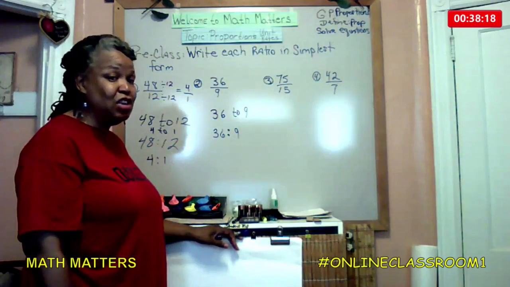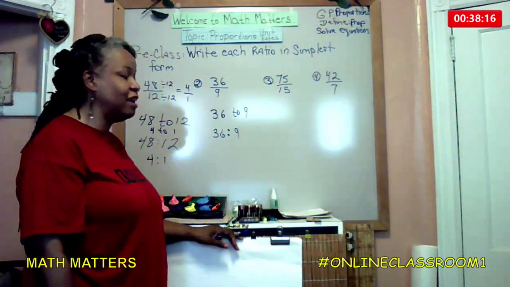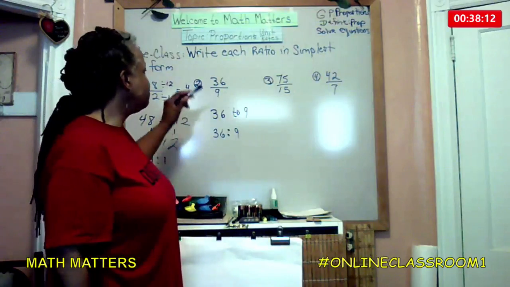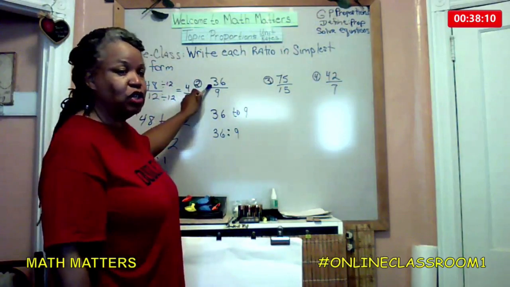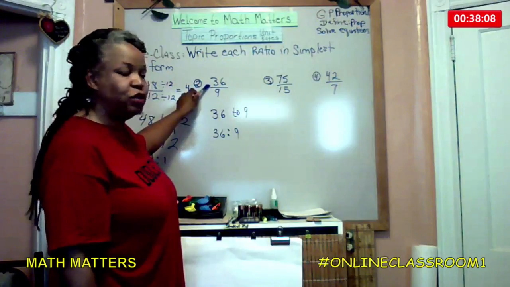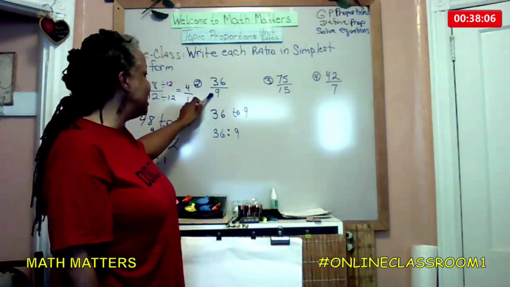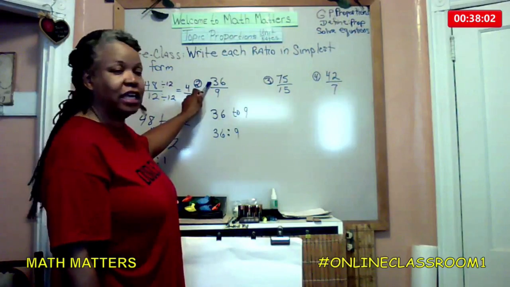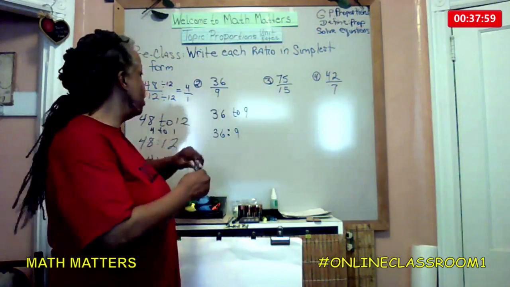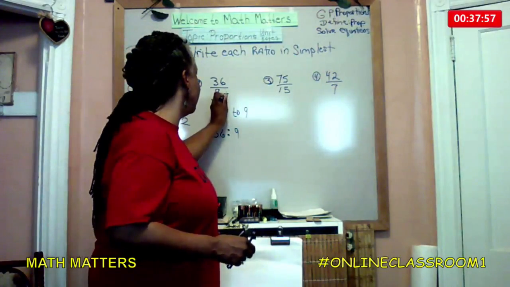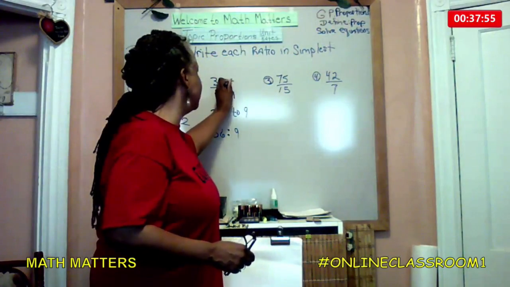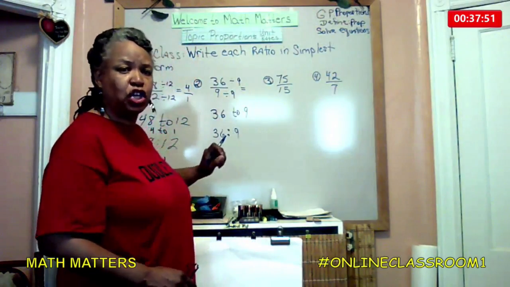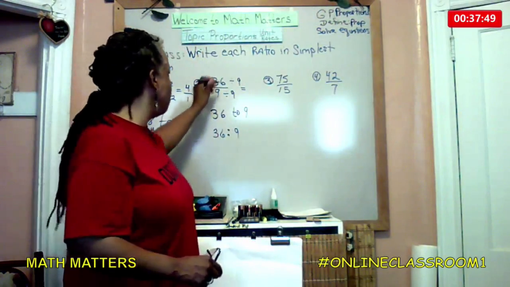Sometimes we can continue to simplify until we get the most simplest form. I'm going to go right to it and simplify it using the 9. I see a 9 I can divide out of the denominator, and I see the 9 I can divide out of the numerator. So 9 divided by 9 and 36 divided by 9 will give us an equivalent ratio, just in its simplified form.